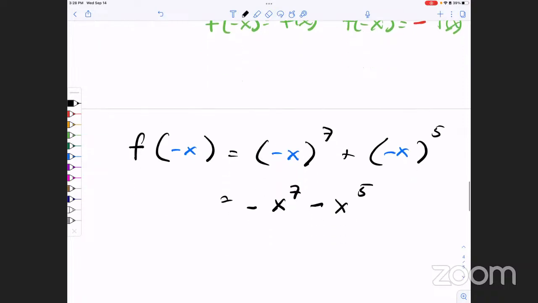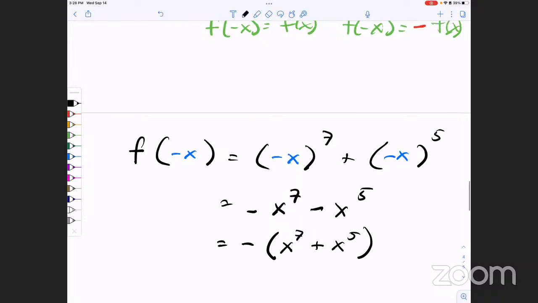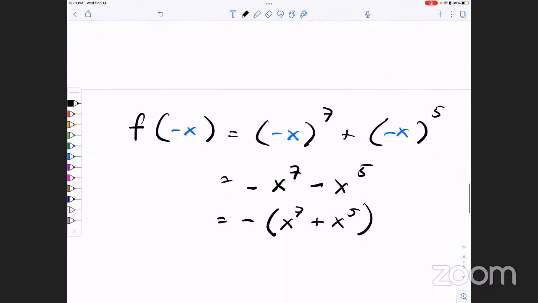We would say no. So let's try factoring out a negative. Yes, we're factoring out the negative, so then this is going to be plus. So is this negative times the original, x to the 7 plus x to the 5?